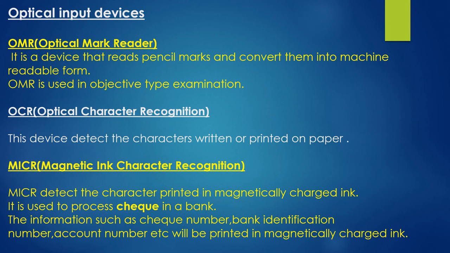That is why this OMR is used in objective type examinations. Then the second type of scanner is OCR. OCR is the normal scanner. OCR, optical character recognition. This OCR detects the characters written or printed on paper. If you scan one paper, you can get that data into the computer.